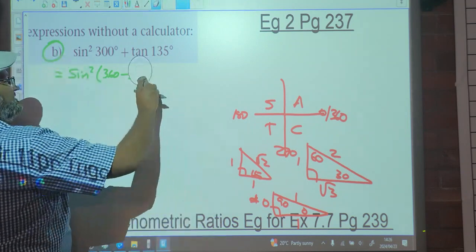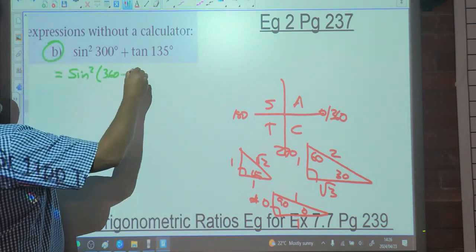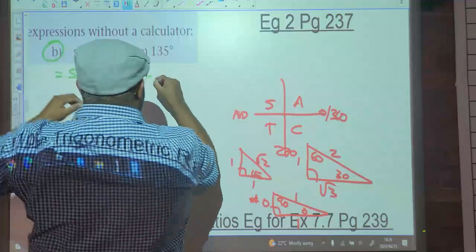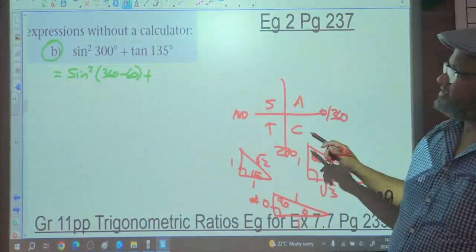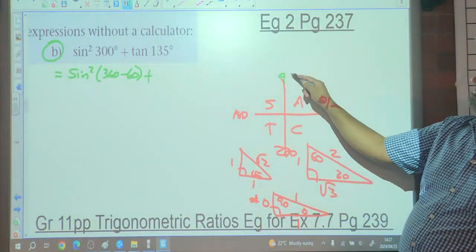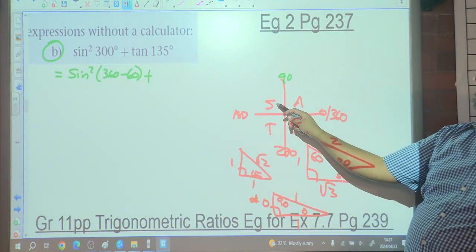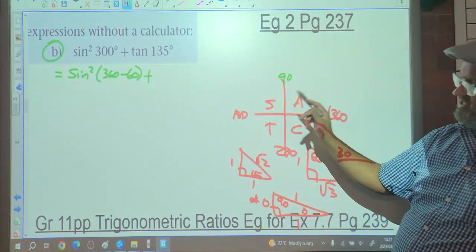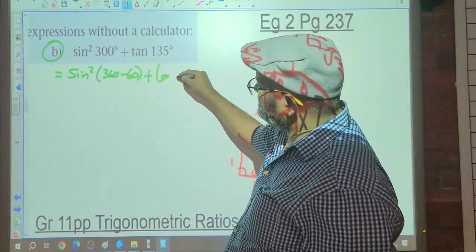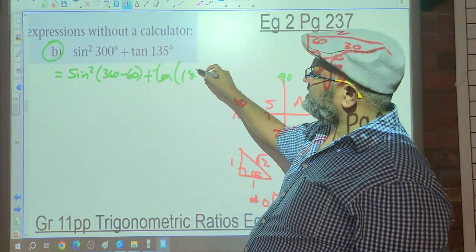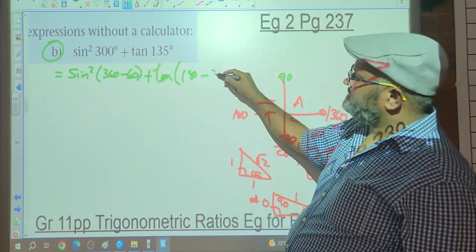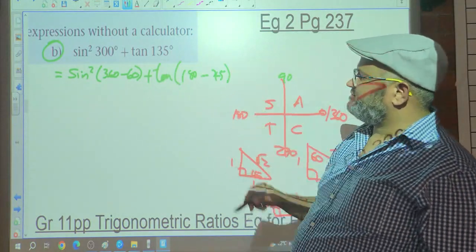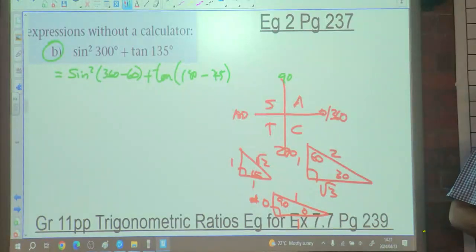You are absolutely correct. 360 minus 60 is 300. Which quadrant is 135 in? Quadrant 2. Is tan positive or negative in quadrant 2? Negative. Remember that, no? How do we get in quadrant 2? 180 minus 45. Okay. So tan is negative in that.